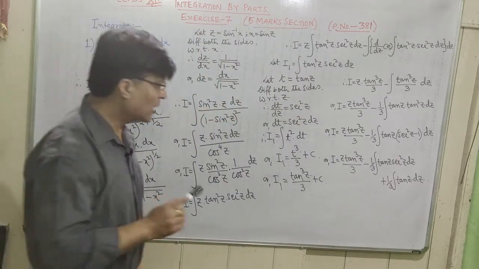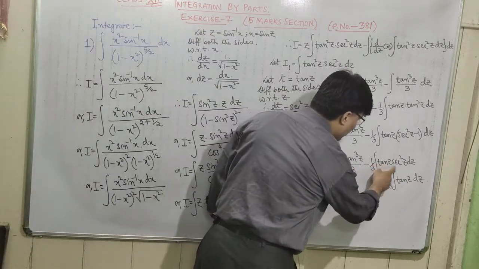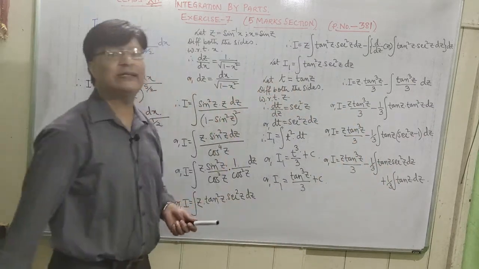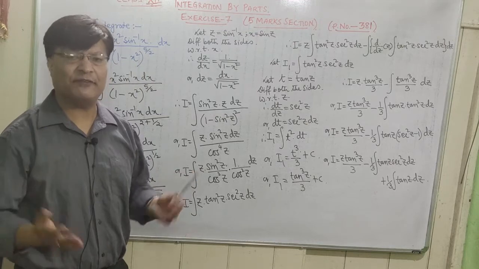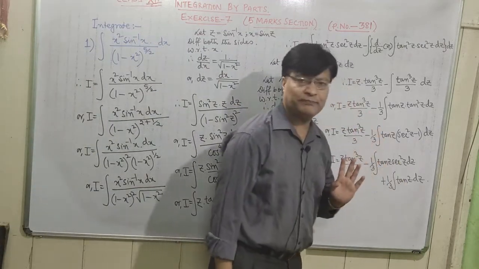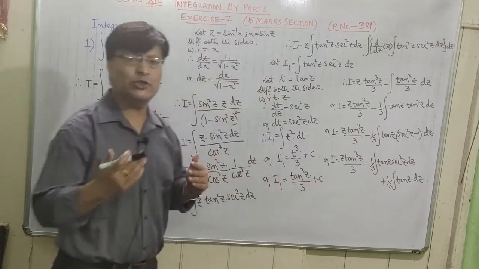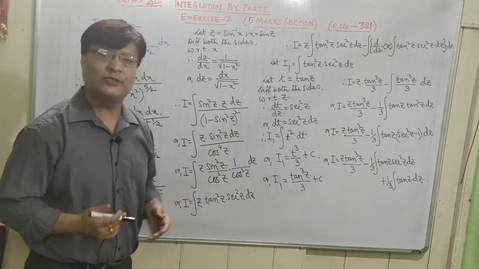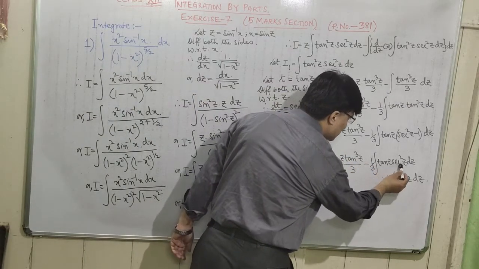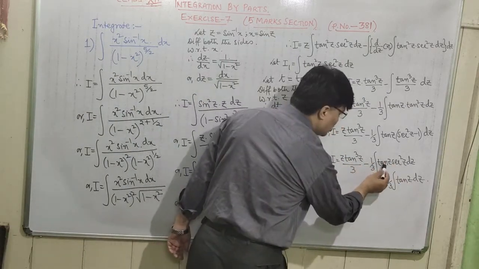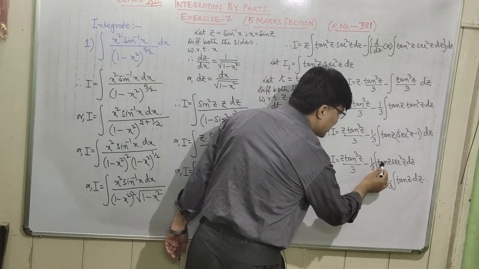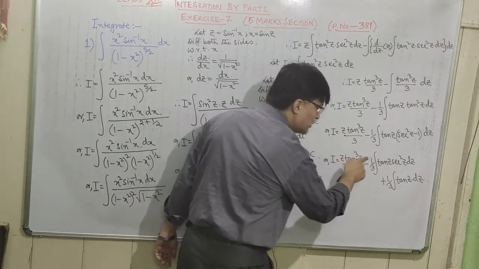Okay. So now, how can you evaluate this integration? We can directly integrate it now. Since we have done many types of integration, we can easily integrate this function without assuming tan z as some other variable, isn't it? So you know that differentiation of tan z is sec square z. If you assume this tan z as t, what is the differentiation of tan z?